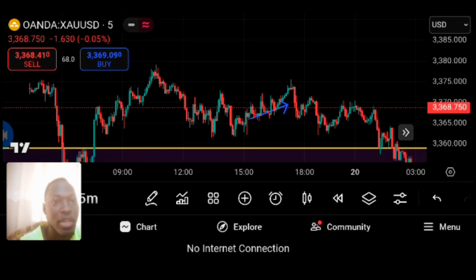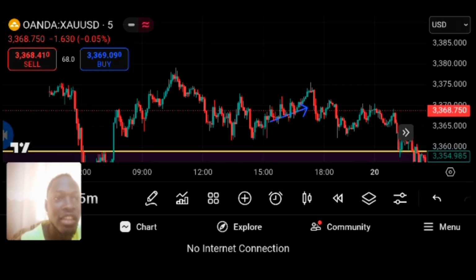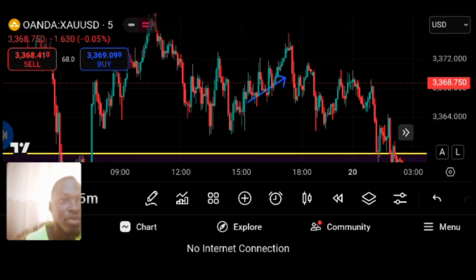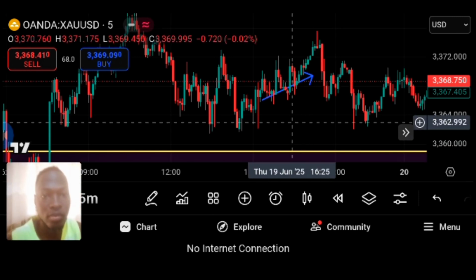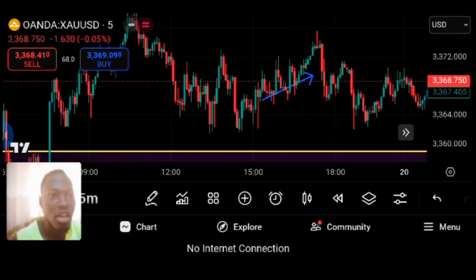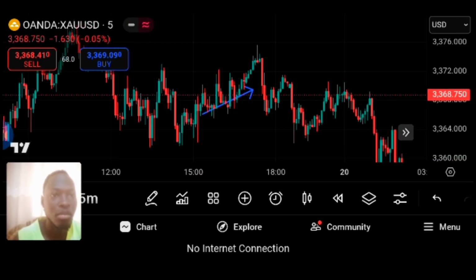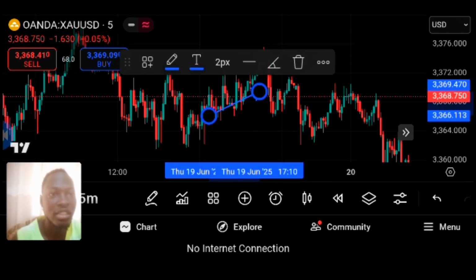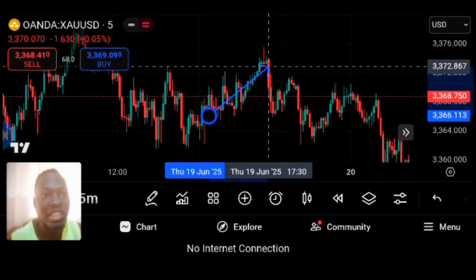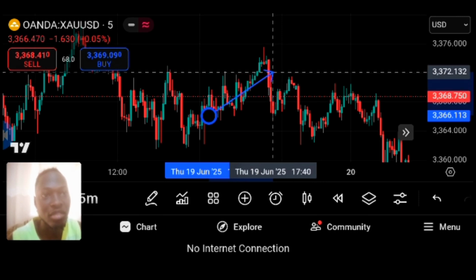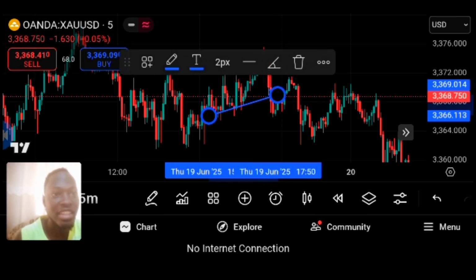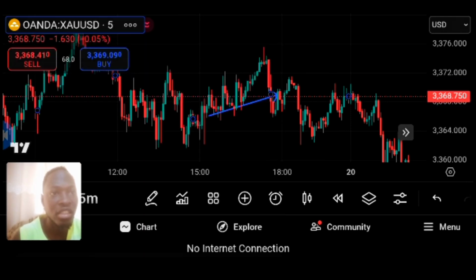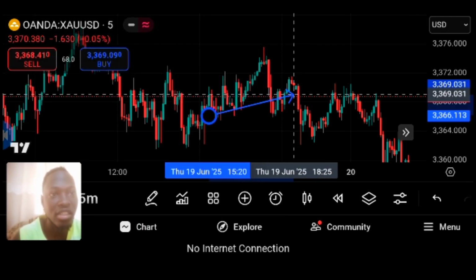Yeah, price has to first create an imbalance, as you can see here. Let me first zoom properly. As you can see, price first created an imbalance between this lower low and this lower low. There is this imbalance, as you can see.